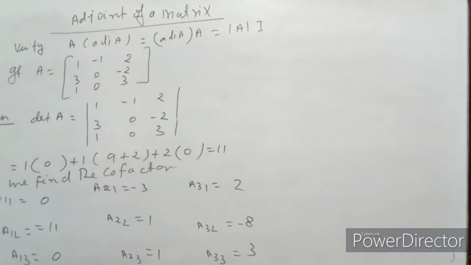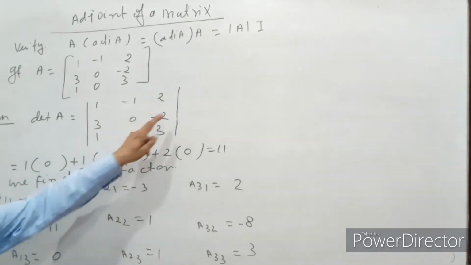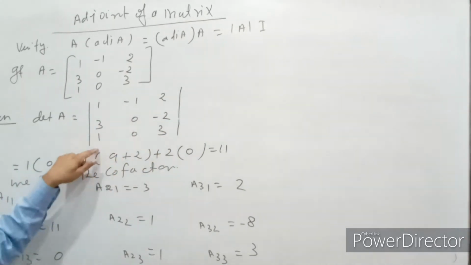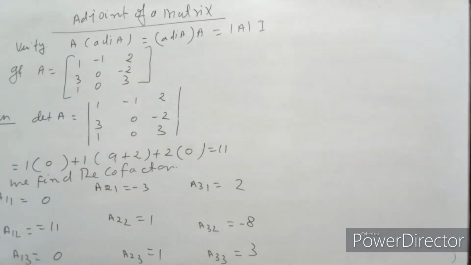Now once again we check the cofactors, that is this into this 0, or that is 339, or plus 2 11, or that is 0.